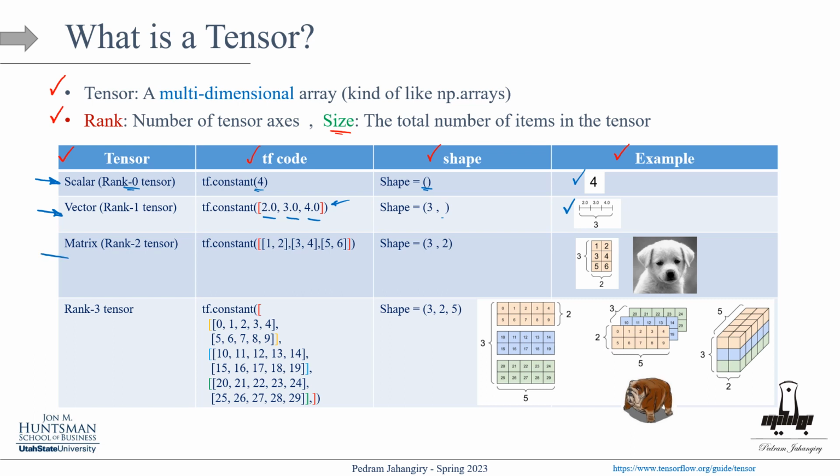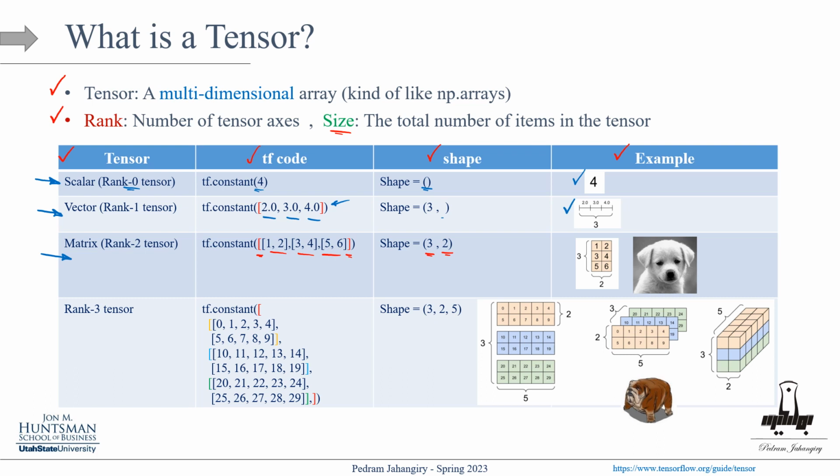The third one is a matrix. A matrix is a rank 2 tensor. We can define it in TensorFlow like this, and just pay attention to the number of brackets and the colors that I'm using. Here I'm using red, for example. There's an outer bracket and inner brackets. I'm going to put together 3 of these vectors, stack them, and use an outer bracket. It's a matrix of 3 rows and 2 columns, right?